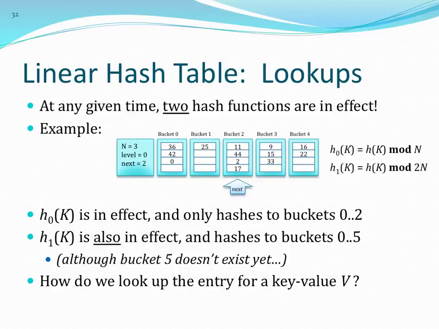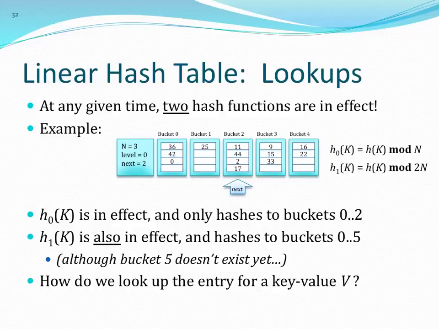So it could either be in bucket 0 or it could be in bucket 3, because that's h1's version, and that's where h1 could map it to. Like I say here, h1 is also in effect and hashes to buckets 0 to 5. So in a situation where I hash to a bucket that has already been traversed by this next pointer, then I go ahead and just apply h1. I apply the next level hash function, and that tells me where it is.